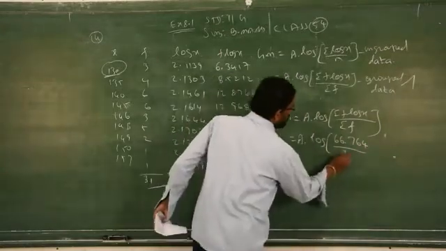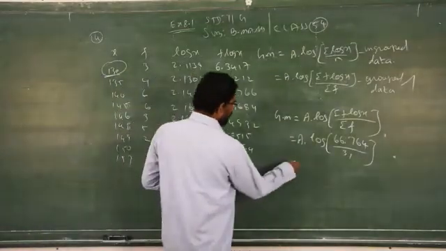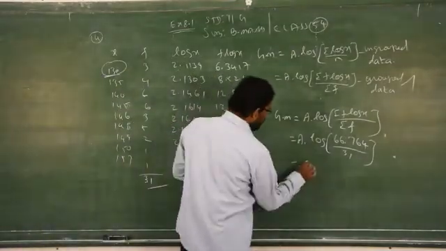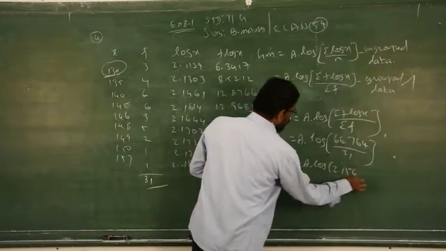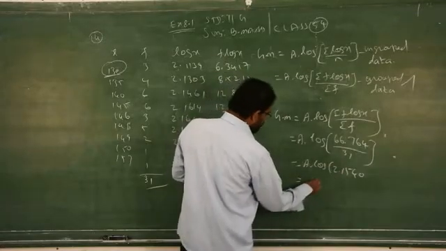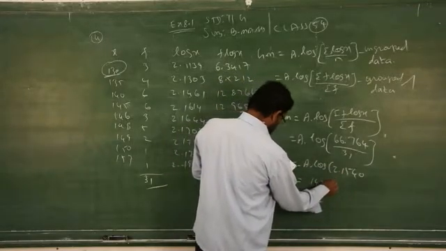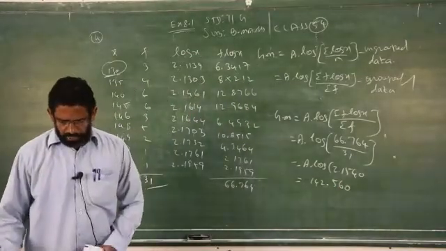Summation f is how much? 31. Just divide, and you will get antilog of 2.1440. Then what is the anti-logarithm value? That is 142.560.